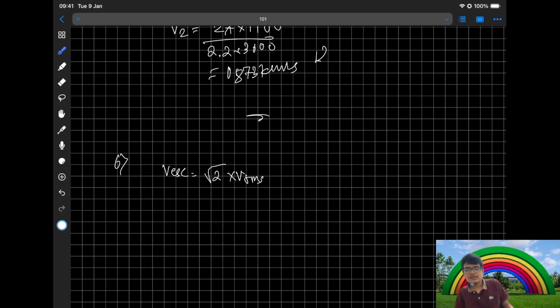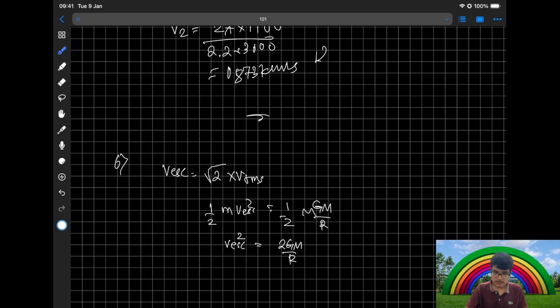So we have this convenient assumption, which we can make, and we have the kinetic energy equal to GM divided by r, right? So escape velocity, of course.